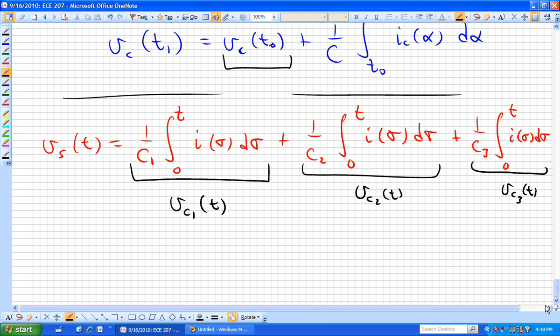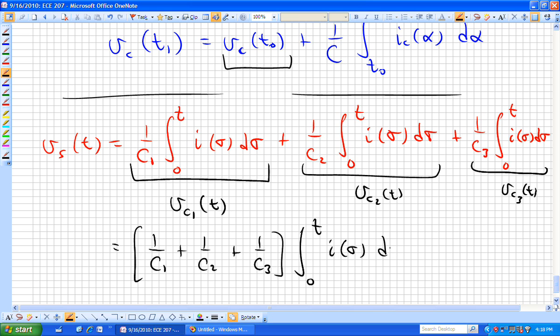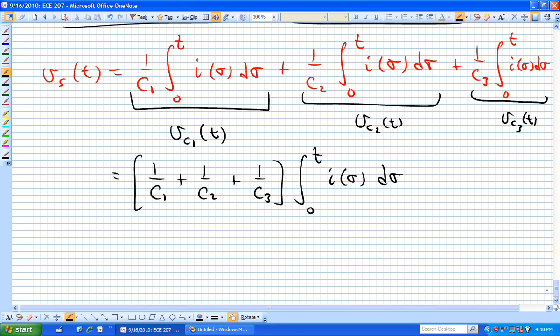And all of those integral pieces are the same. We can factor that out or collect all of our capacitor pieces. And realize that, oh, that looks like just an equivalent capacitor times the integral of our current through that capacitor.